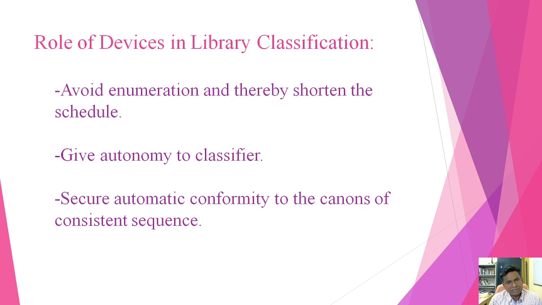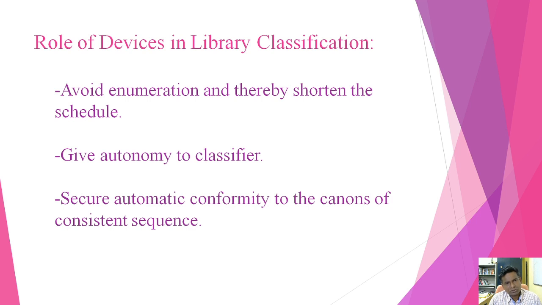When we talk of devices, these are designed for a specific purpose in library classification. So obviously these devices have some specific role. Now in this slide we will see what the roles of devices in library classification are.